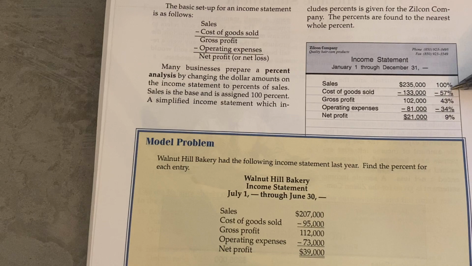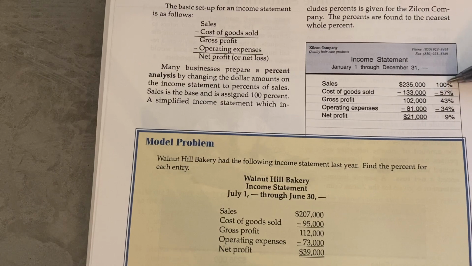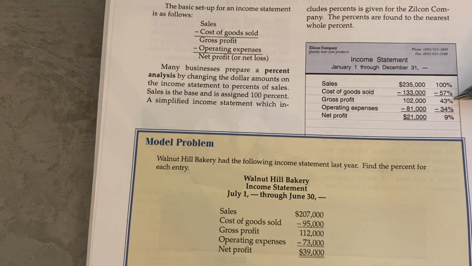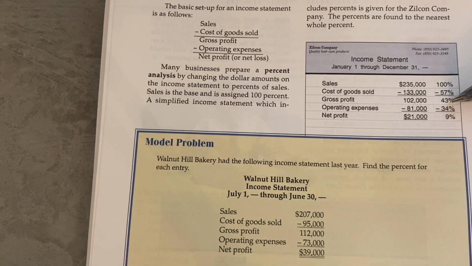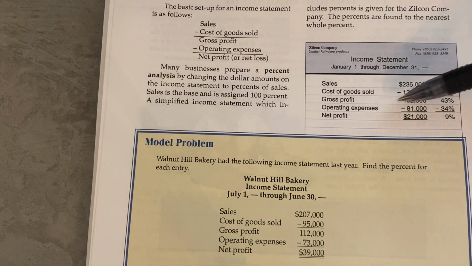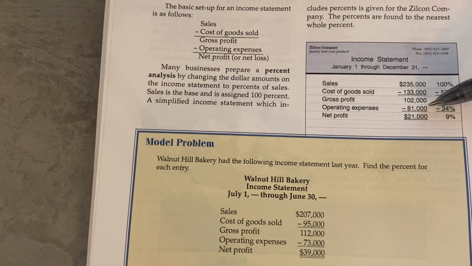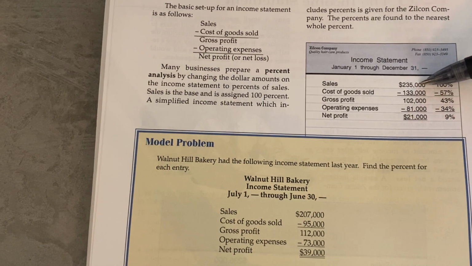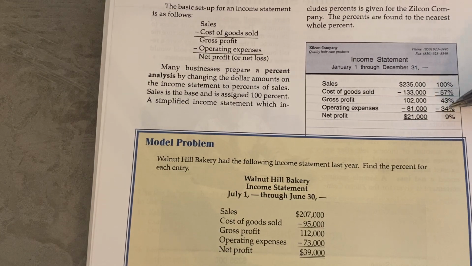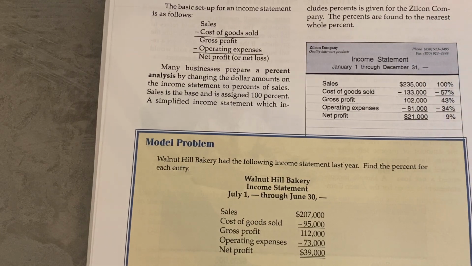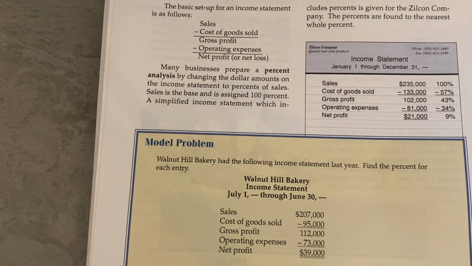You'll find that's 57%. Then you subtract this and you get 43% as the gross profit. The operating expenses will end up being 34% as you calculate 81,000 of 235,000, and then you'll find 21,000 is 9%. So you're finding the percentages.